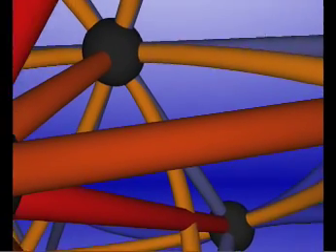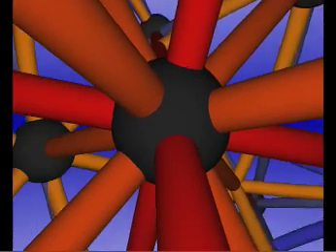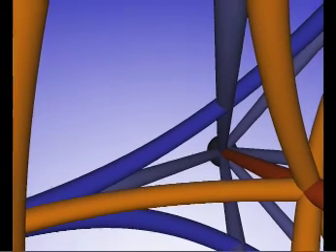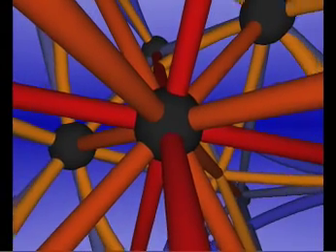There are the centers of the 4 faces. And there are the vertices of the tetrahedron. So this gives a total of 1 plus 6 plus 4 plus 4 equals 15 points.